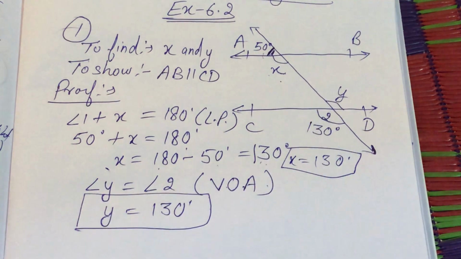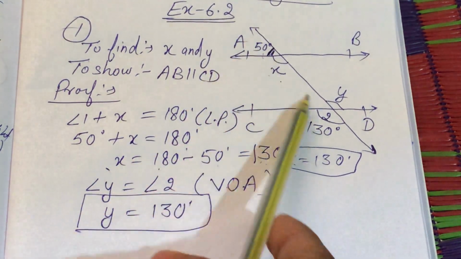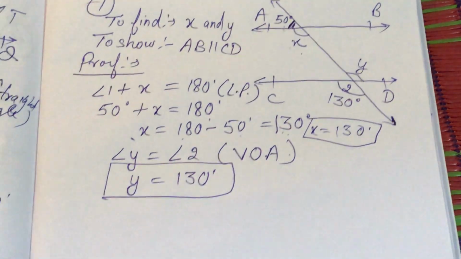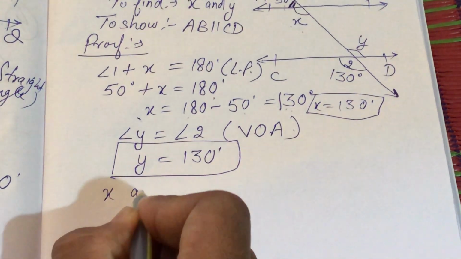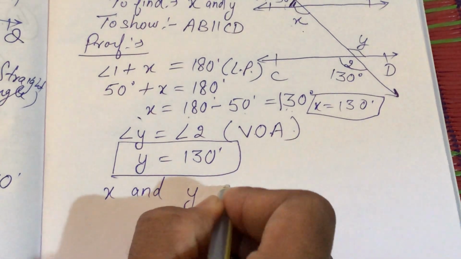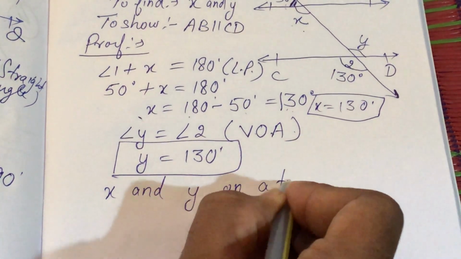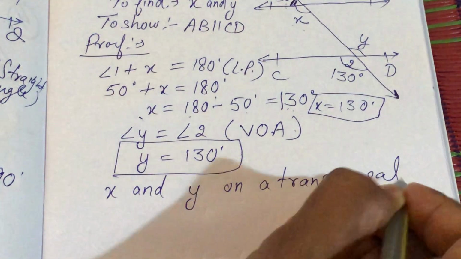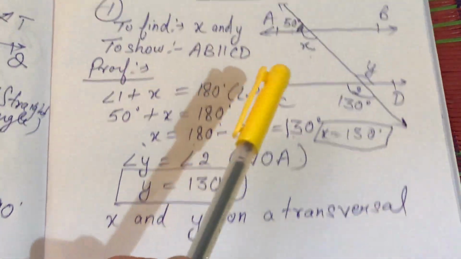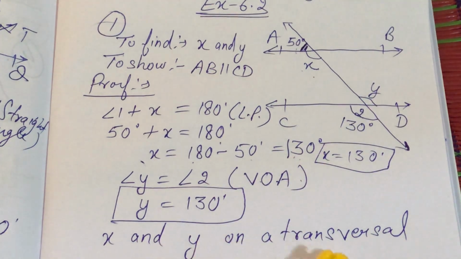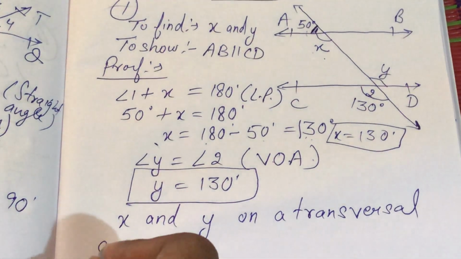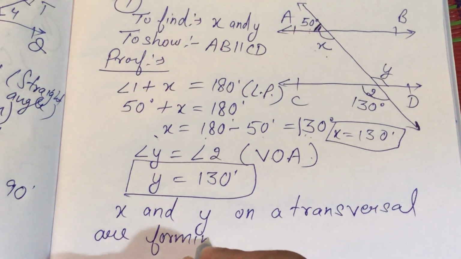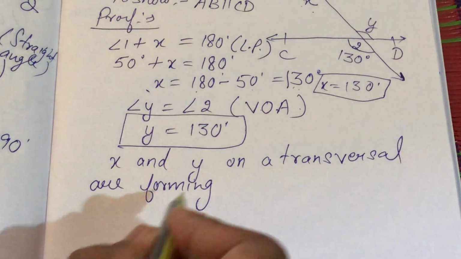So now see one thing. These X and Y on a transversal, you can clearly see this in the figure. This X and Y on a transversal are forming which angles?